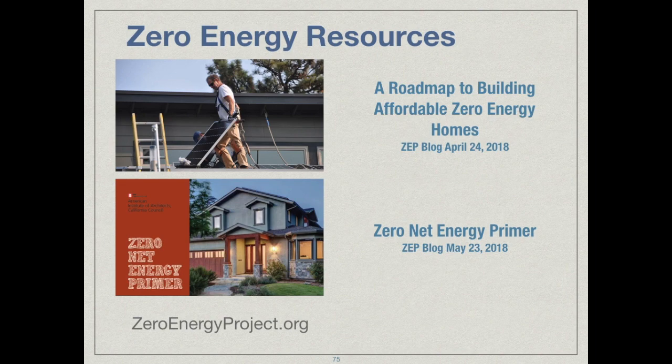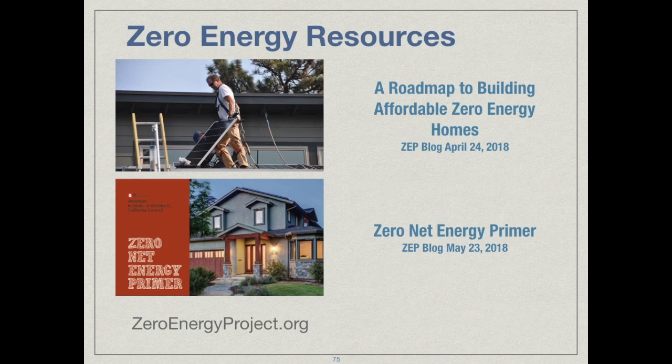There are many information resources on the site. One of them that I encourage you to go see is the 12 steps to a zero energy home. It's kind of the basics of zero energy design and construction. You can find that under the Getting Started menu. There are also 2 blogs that we wrote in 2018. One called A Roadmap to Building Affordable Zero Energy Homes.